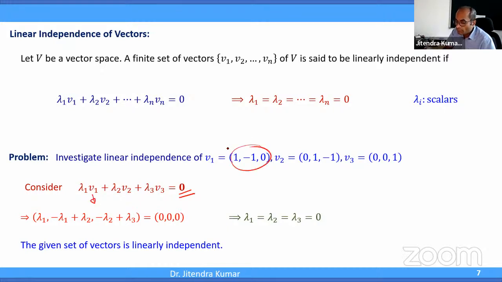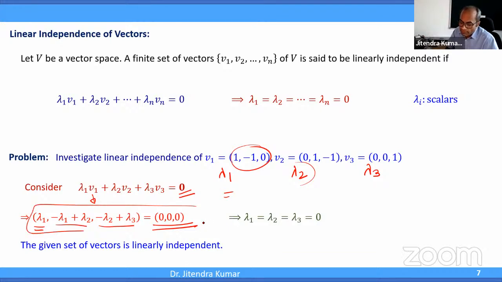The v1 comes from here, multiplied by lambda 1, this is multiplied by lambda 2, this by lambda 3, and when we add with the usual addition in R3, we get lambda 1 plus 0 lambda 2, plus 0 lambda 3, so we get lambda 1 only. Similarly for the second and third components, and this is equal to the zero vector, which is 0, 0, 0.